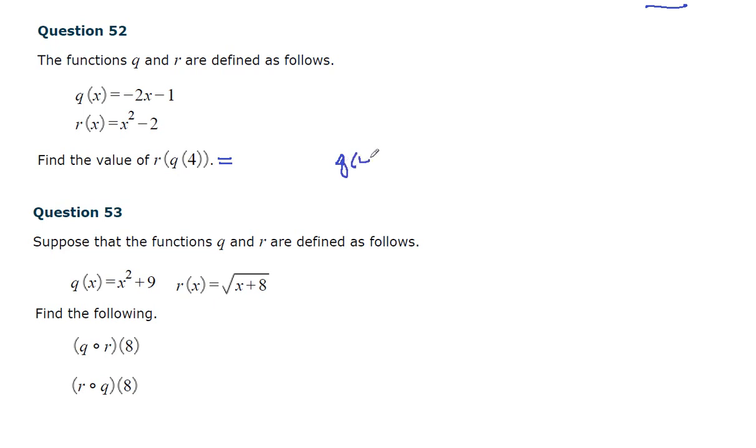So q plug in 4 is going to be, we're using this equation, negative 2 times 4 minus 1. So that's negative 8 minus 1, negative 9. And then that's what this inside is right here. That's negative 9. So you work from the inside out. So now this is r plug in negative 9.